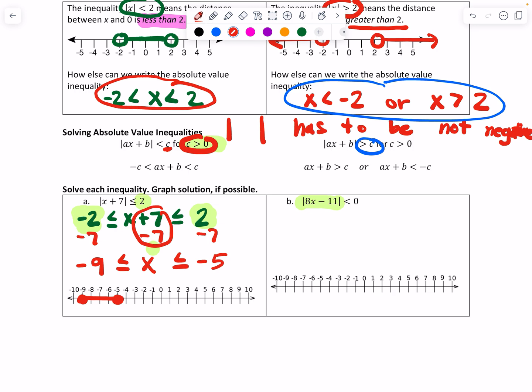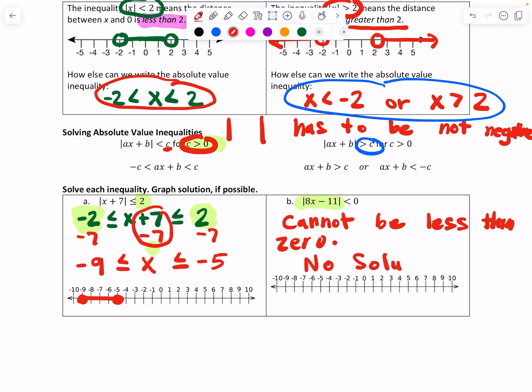So because it cannot be smaller than 0, our answer would be no solution. We can't have this right here. It can't be less than 0. The absolute value will either be 0 or it'll be a positive number, but it can't be less.